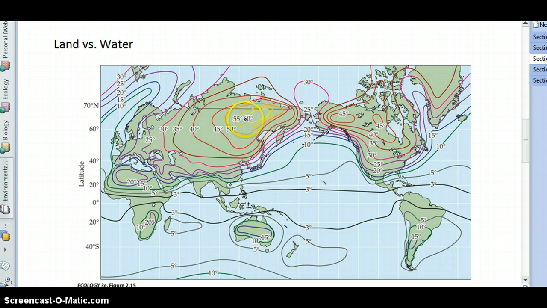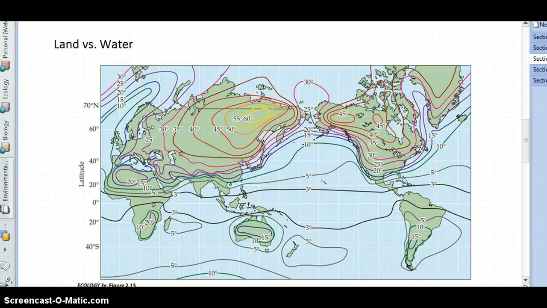And here, this is showing the temperature range of these areas from the highest temperatures to the lowest temperatures. And this is in Celsius, I believe, so that you can see in the middle of Asia, you get a wide range of temperature between summer and winter, and the same in portions of North America.